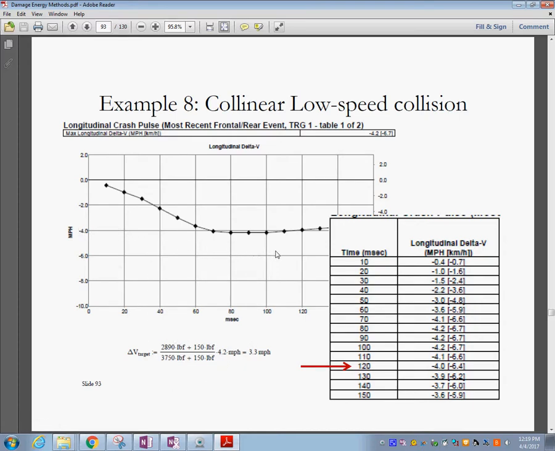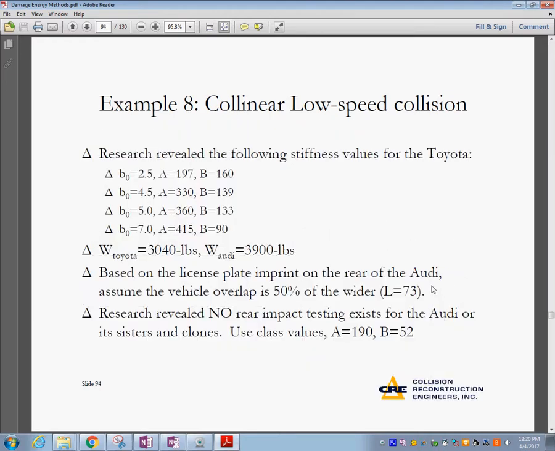Do you see how small this is? Do you see how it occurs at 4 miles an hour? Again, delta V is there. It says longitudinal delta V is in the direction that the collision occurred.